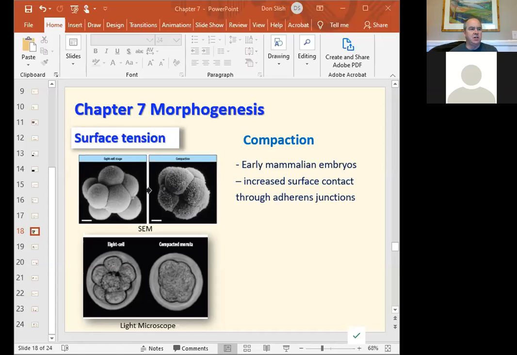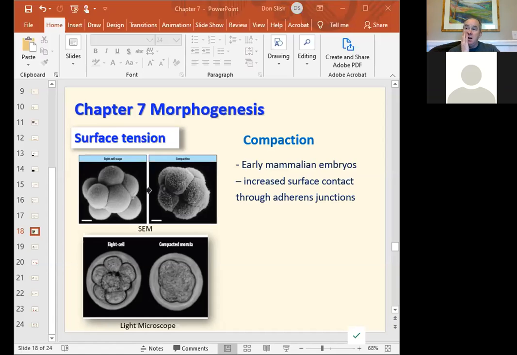They're compacting because some cells, like the ones on the inside, are already connected on all sides. And every time you have a connection, like I talked about a little bit earlier, those connections cause tension in the cortex of the cell. So these adherens junctions form and then they contract and you get surface tension in the cell.